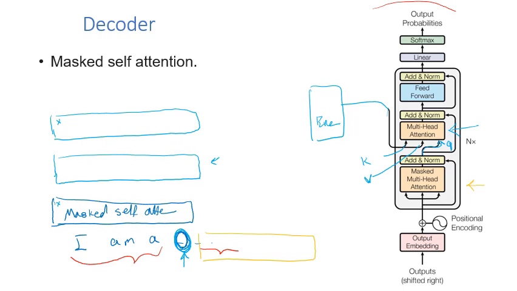Now key and value come from the encoder. So which part of the encoder is most useful for me?